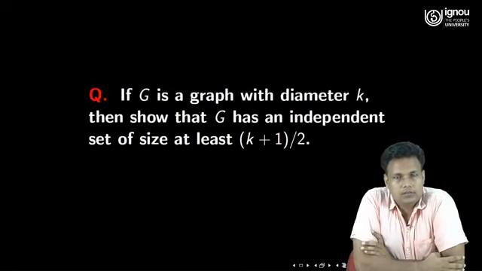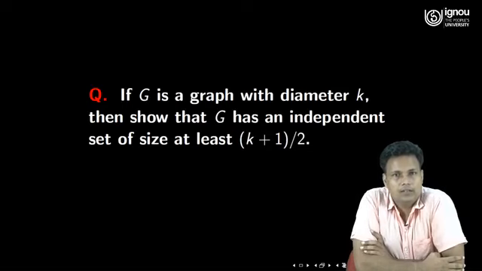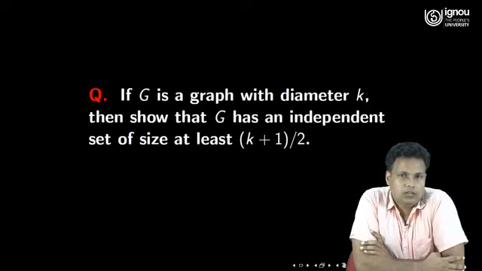Now let us consider another question. If G is a graph with diameter k, then G has an independent set of size at least (k+1)/2. To prove it, what are we given?